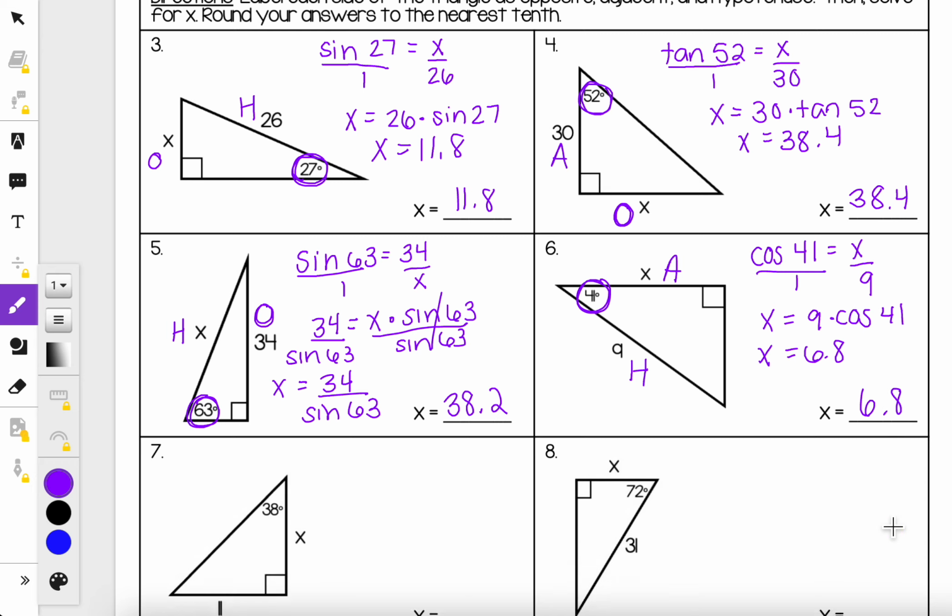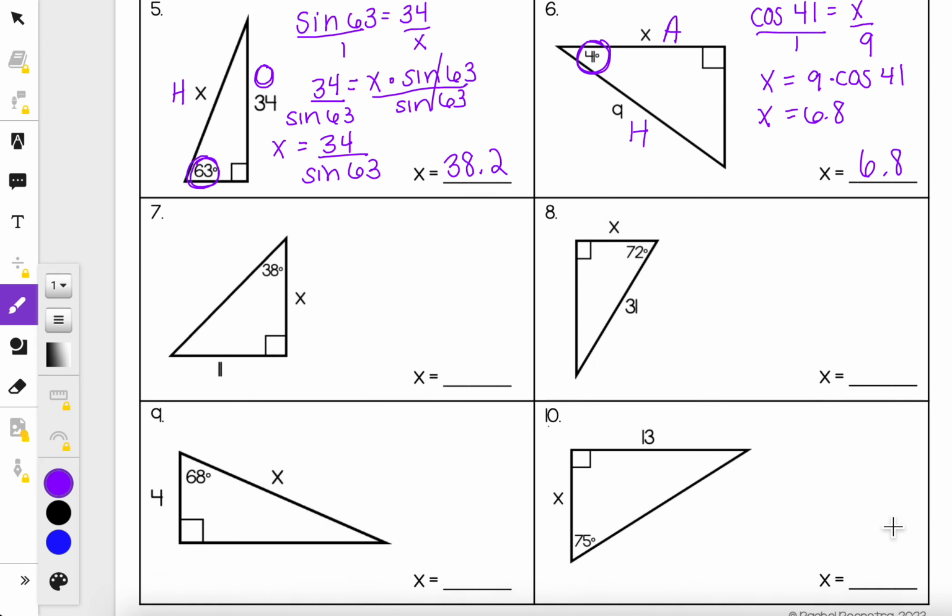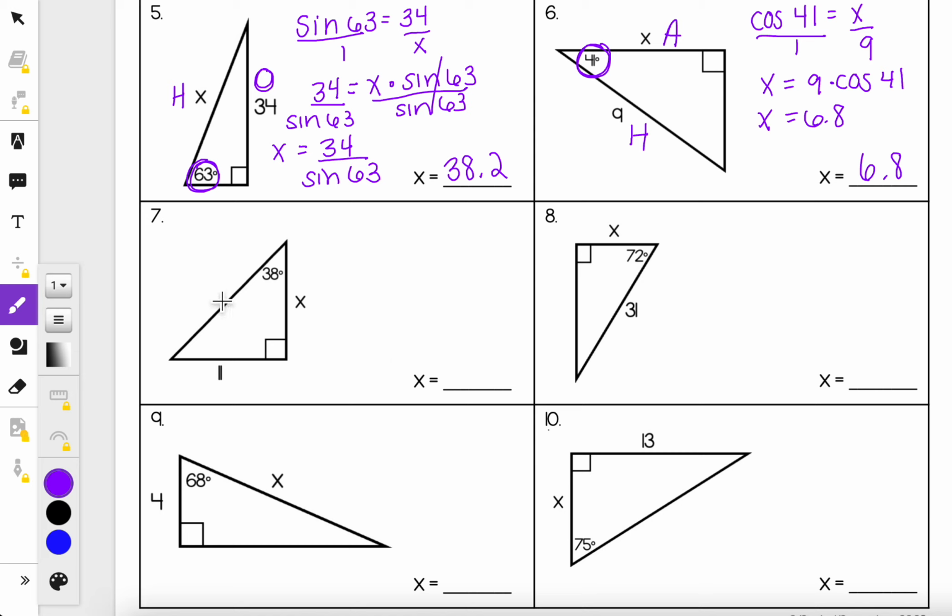Okay, let's do the next few a little bit quicker. So number 7. Circle your reference angle. This is an 11. It's a little hard to see that that's 2 ones. So that's my opposite side. That's my adjacent. O and A tells me we're going to use tangent. So the tangent of 38 equals 11 opposite over adjacent x.